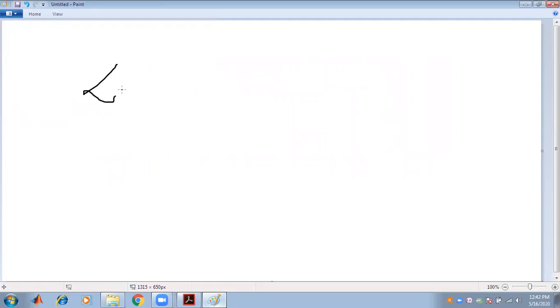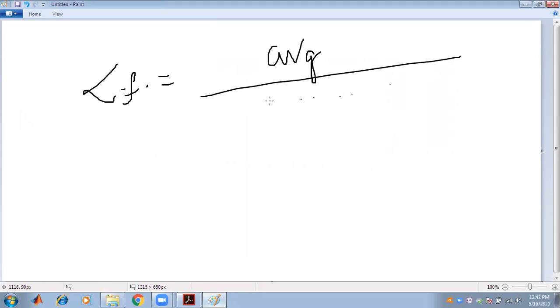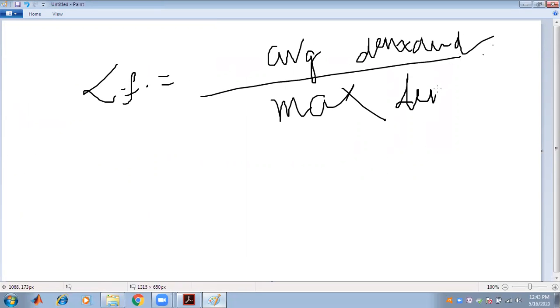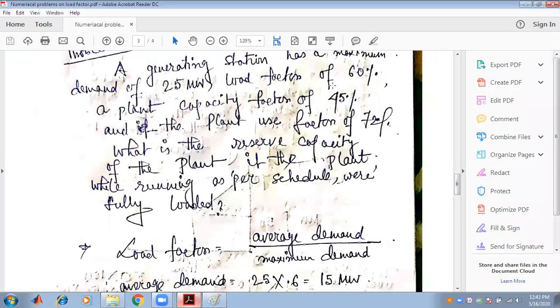In order to find the reserve capacity, I am going for the load factor again. This is the average demand by maximum demand. It is given that the load factor is 60%, meaning 0.6, and the maximum demand is 25.